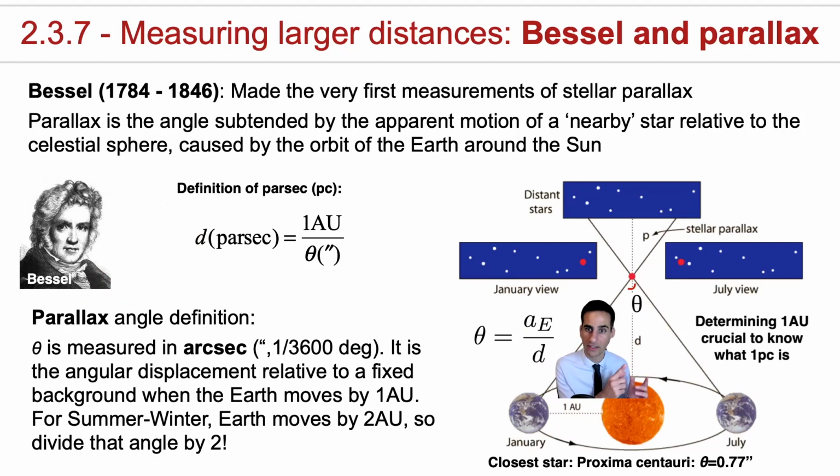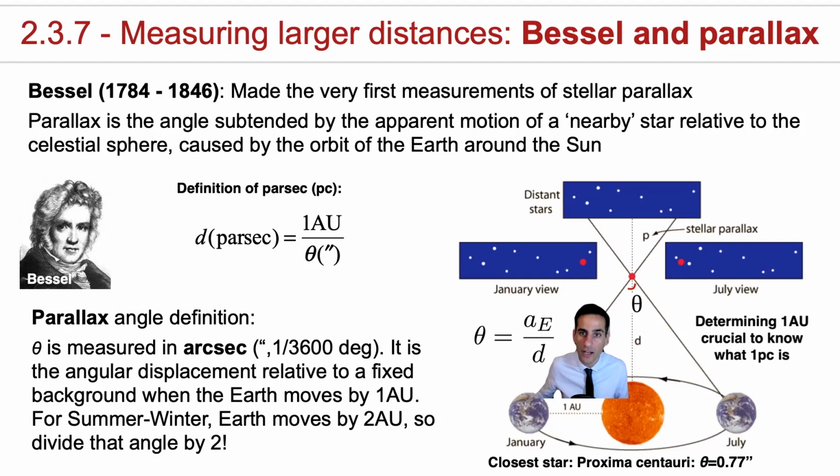The reason for it is because theta is a parallax angle corresponding to the Earth moving by 1AU and not 2AU. Right? So if you were to actually measure the full angle that's here, then you would be looking at a baseline that's 2AU. And that is okay, provided that you then divide. And you could be measuring some phi, which is the total angle. If you divide by 2, you get theta.